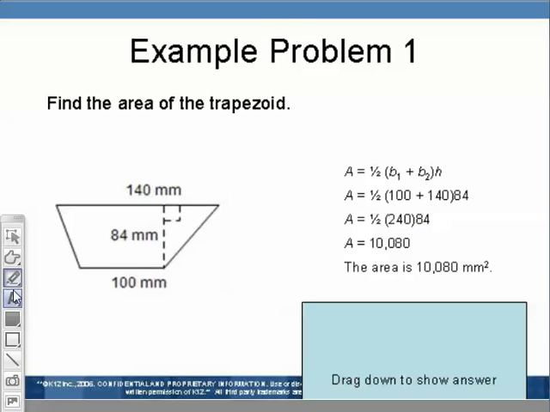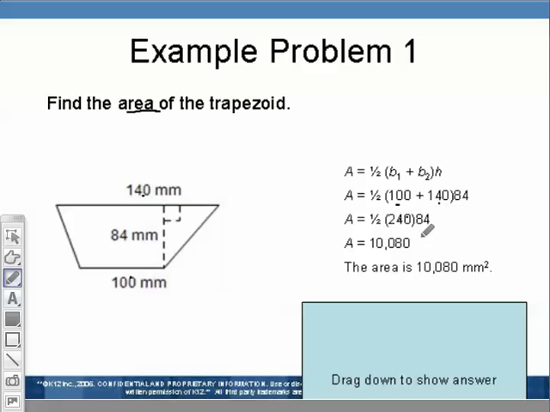Here's an example problem that you might want to look at. Here I've got two slanted sides, so it's a trapezoid, and they're wanting to find the area of this trapezoid. So what am I going to do? I'm going to add the 100 and the 140, and taking half of that, it's going to give me 120.